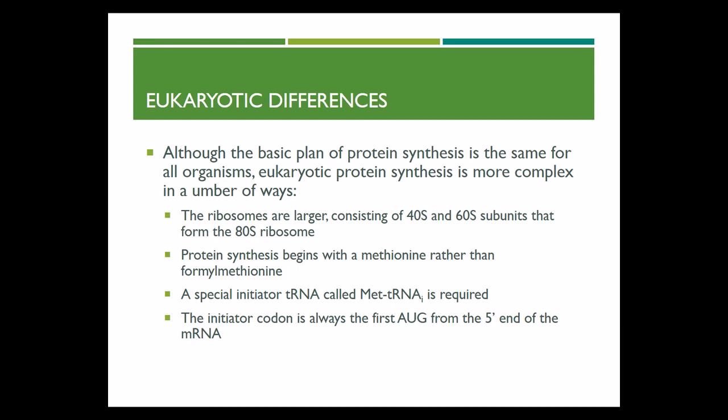Which means a special initiator transfer RNA called methionine transfer RNA I is required, the I symbolizing initiation. And then the initiator codon is always the first AUG from the 5' end of the messenger RNA.